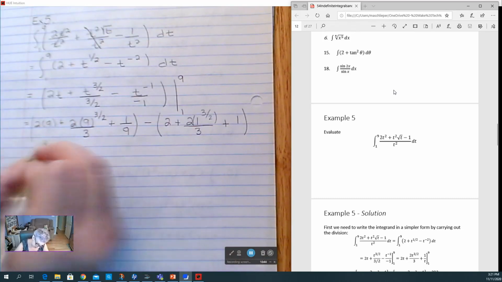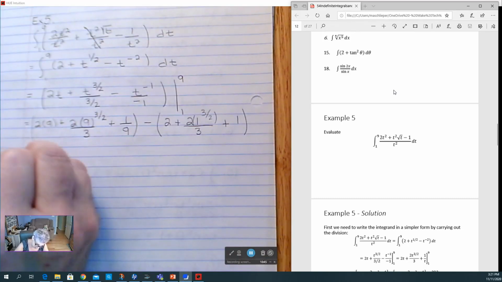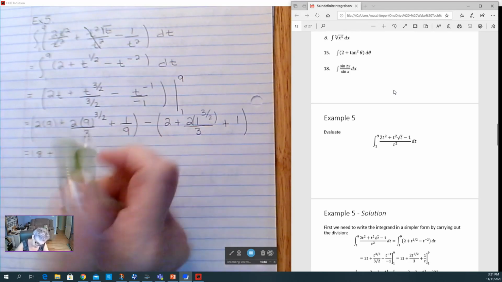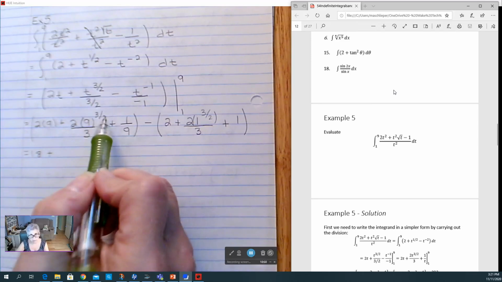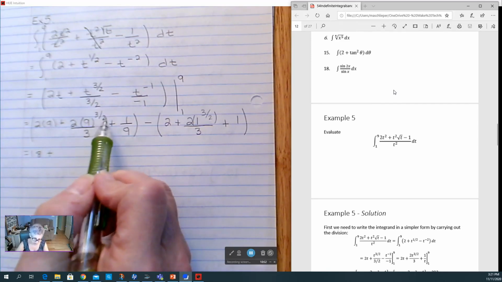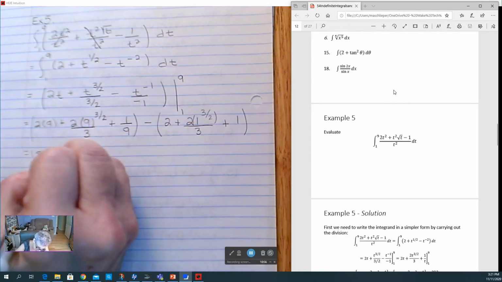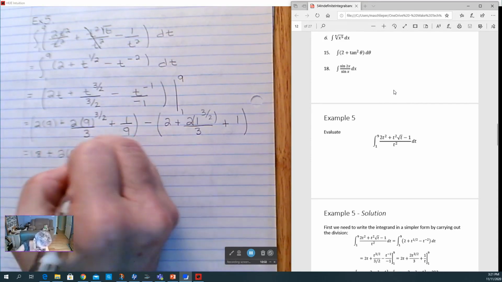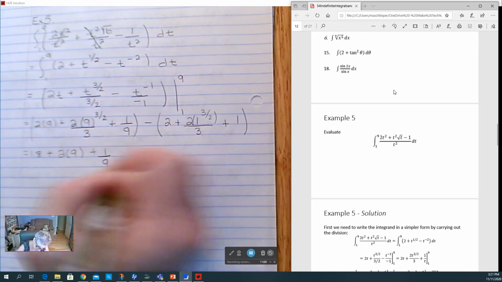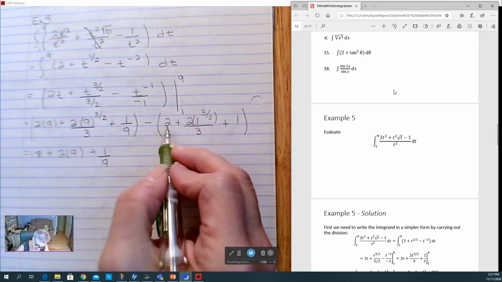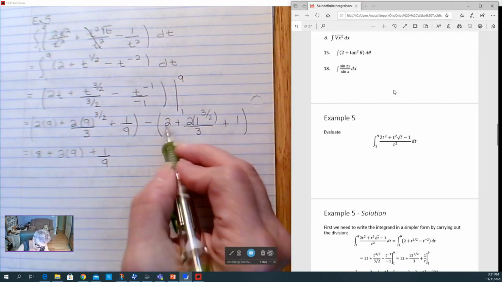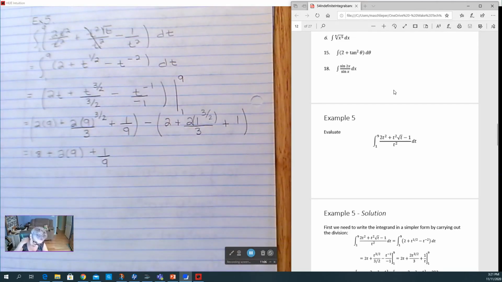Okay, let's combine stuff. We have 18. I have 9 to the 3 halves, which is the square root of 9, which is 3 cubed. 27 divided by 3 is 9, plus a ninth. I have minus 2 plus 1.